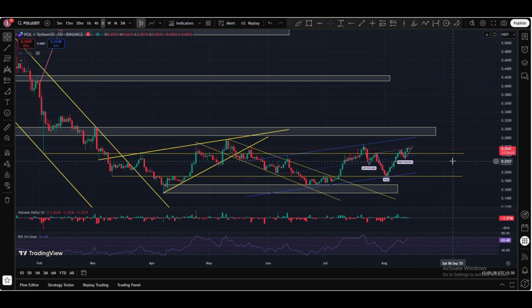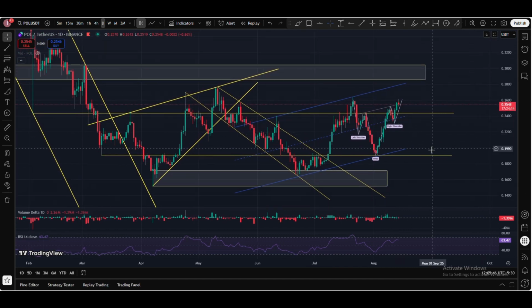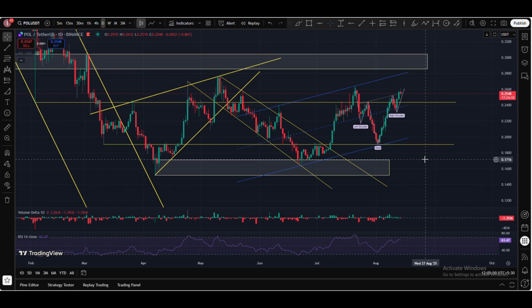Next, I am on the POL USDT chart. Actually, I got huge profit on this POL chart. I enter the trade at this level because there is a parallel channel and market breaks that parallel channel and goes upward, and market comes to our supply zone level, and there is a support level, that is a minor support level.